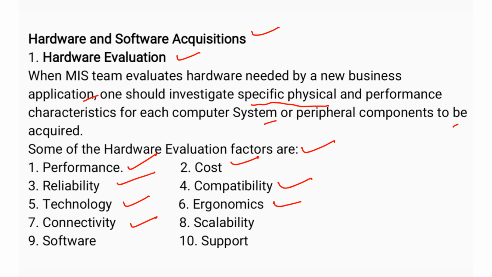Then the connectivity of this system with other devices, scalability, and the required software, whether software is available which can cope with the present hardware, then the support. These are some of the factors you need to know when evaluating hardware.